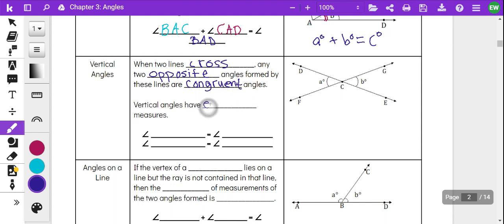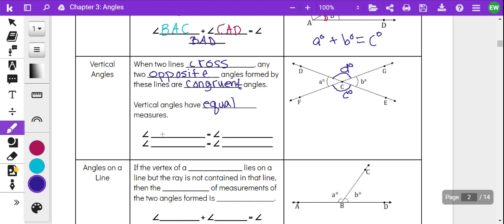Vertical angles have equal measure. So when we have two lines cross, we actually get two sets of opposite angles. And I'm just going to add those in here. I'm going to call this angle C. And this one here is D.